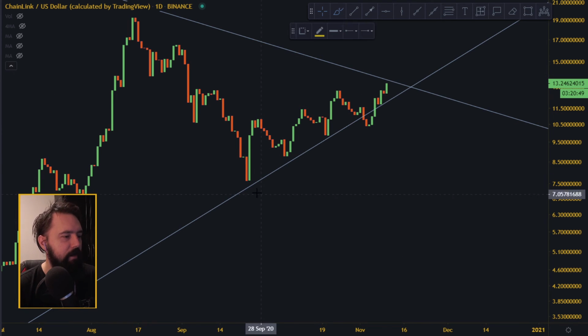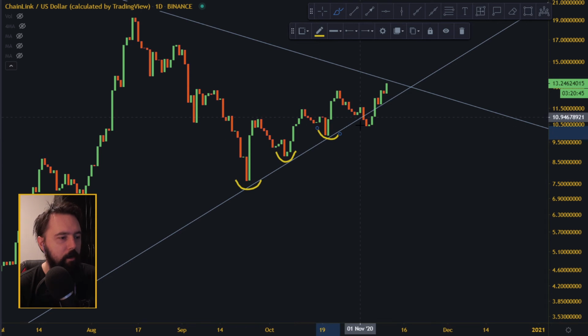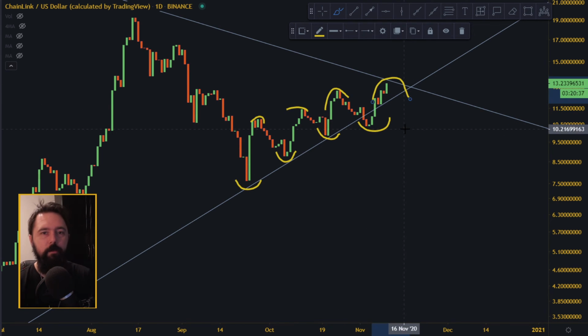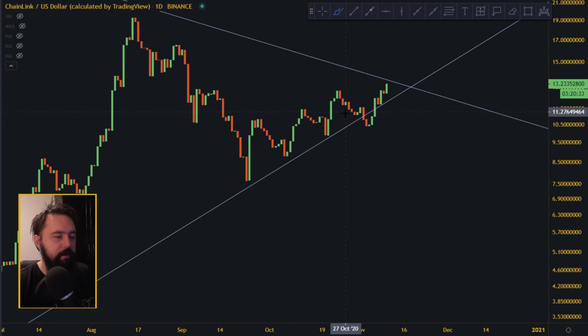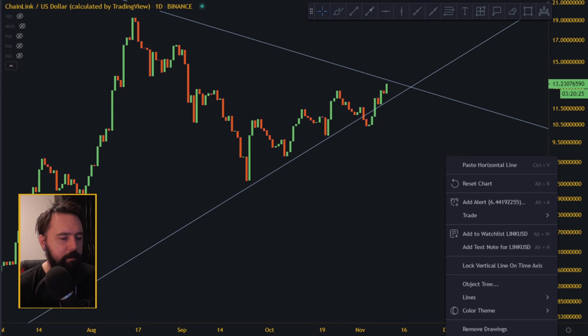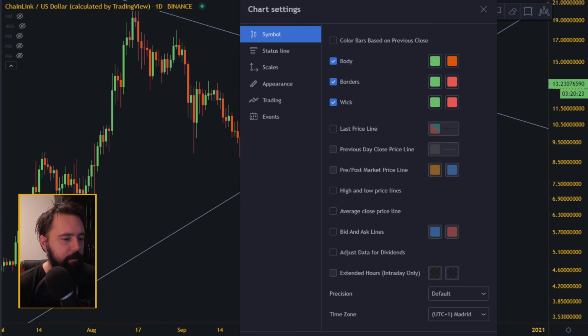And the thing we can take from this without the wicks is we got a low, a higher low, and then a higher low. We also got a higher high, higher high, higher high, and now our fourth higher high. So that's what I'm saying, this was what I called a bear trap, call it whatever I want.